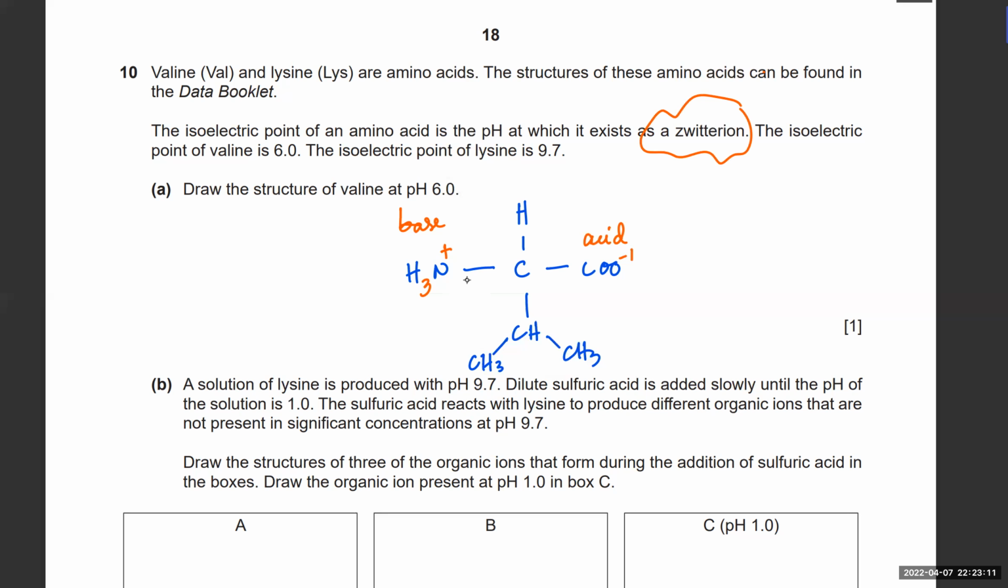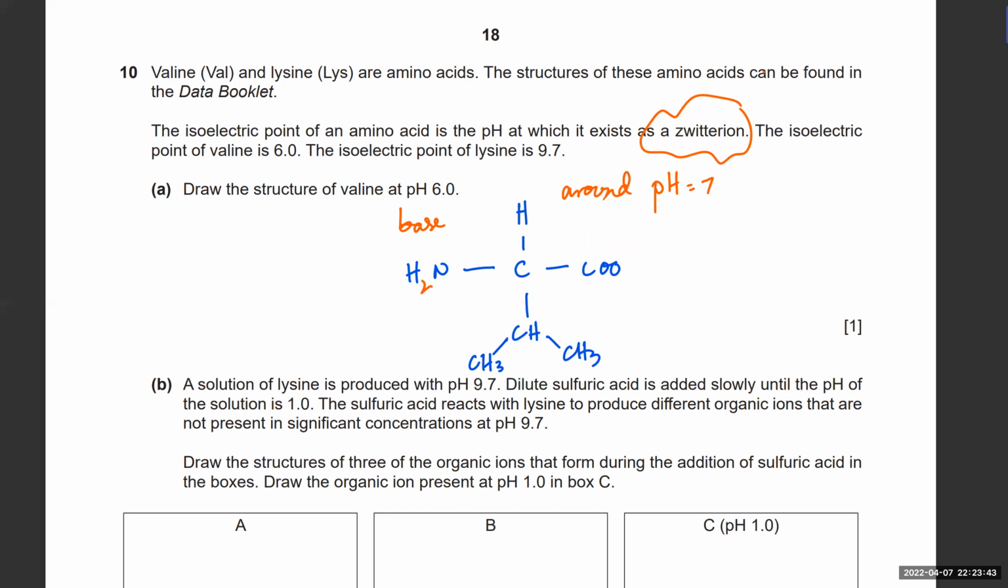Yes. So now I'm going to tell you what an isoelectric point is. A zwitterion usually exists somewhere around pH 7. This happens, not exactly at 7, but somewhere around pH 7. If the solution is too acidic, right? So let's go back and assume that the solution is very, very acidic, and you had an amino acid.